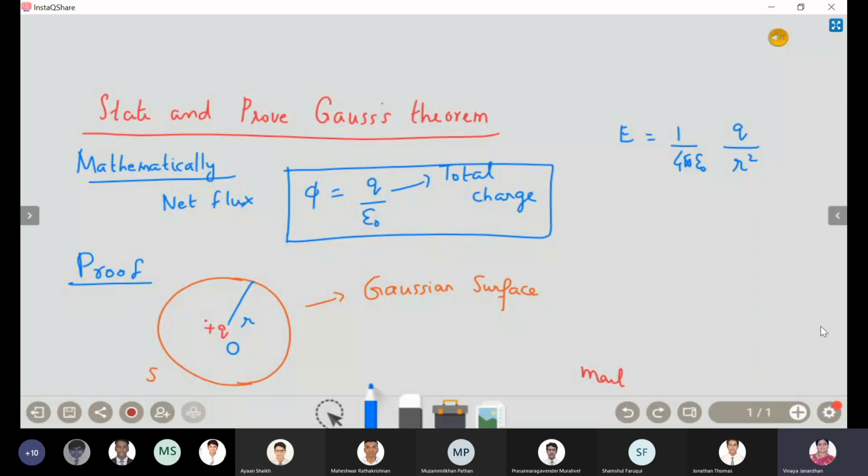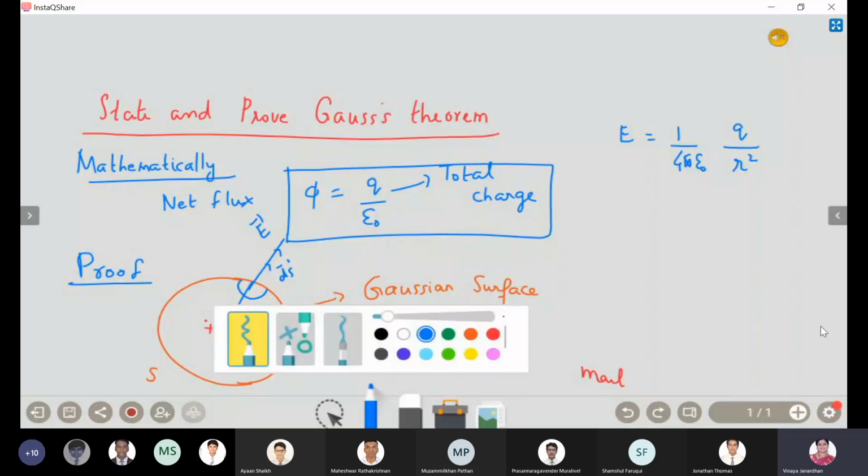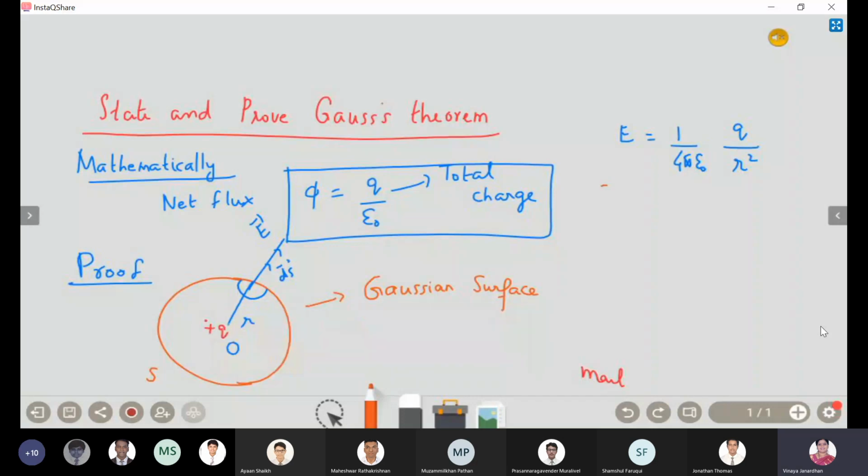Now let us imagine a small surface. This will be your E vector. So consider a small surface ds. What will be the electric field to this surface?